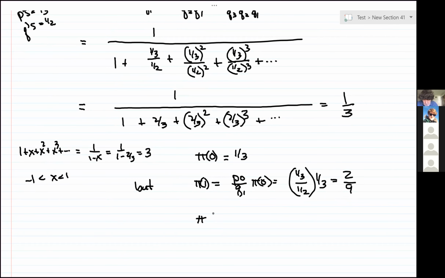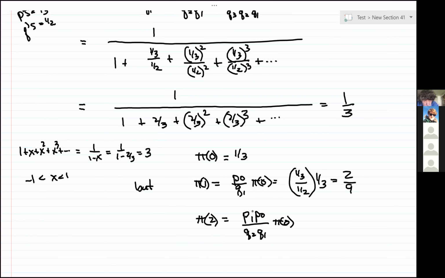What's pi 2? Well, our equation says take p1 p0 over q2 q1 times pi 0. That's what our work on the previous slide said. But all the p's are 1/3, isn't that right?